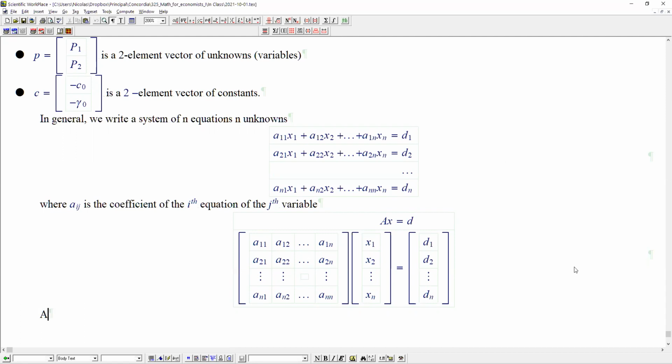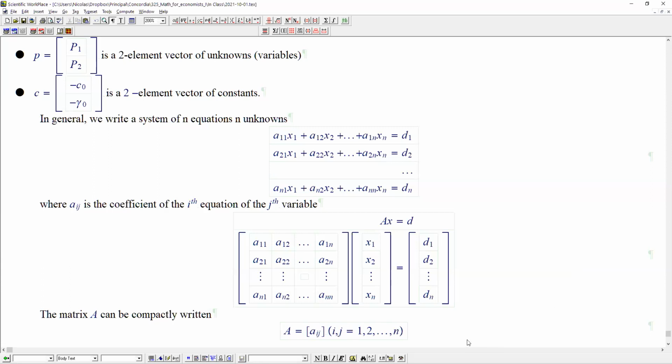And the matrix A can be compactly written A equals, we're just going to write Aij, i, j equals 1, 2, n.